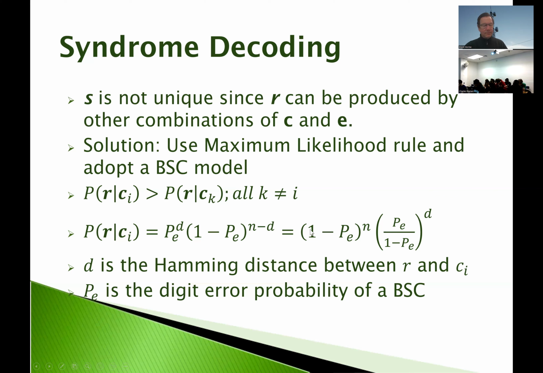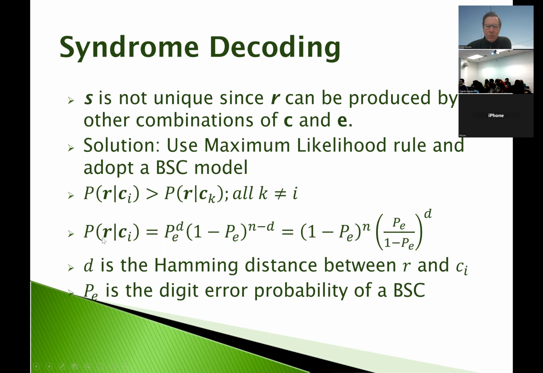So we can look at this, and I'm not going to dive into this a whole lot. But if D is the Hamming distance between R and C sub i, then we can come up with this relationship here. And with a little bit of algebra, the key part is that this is the D, the Hamming distance.